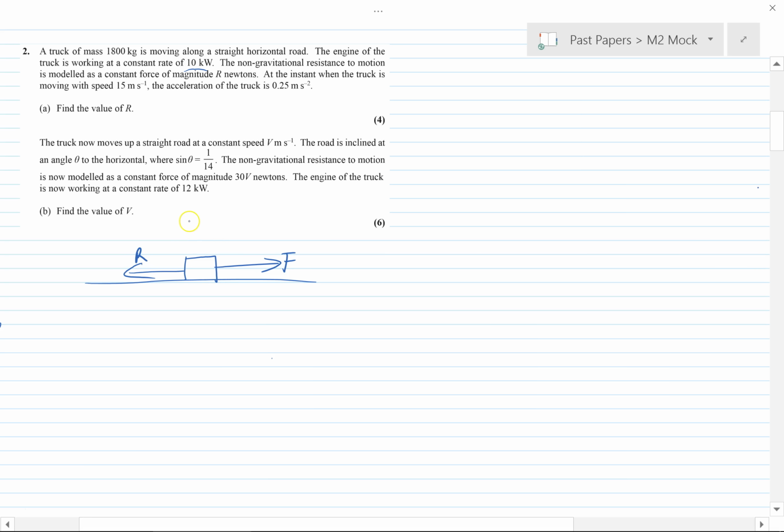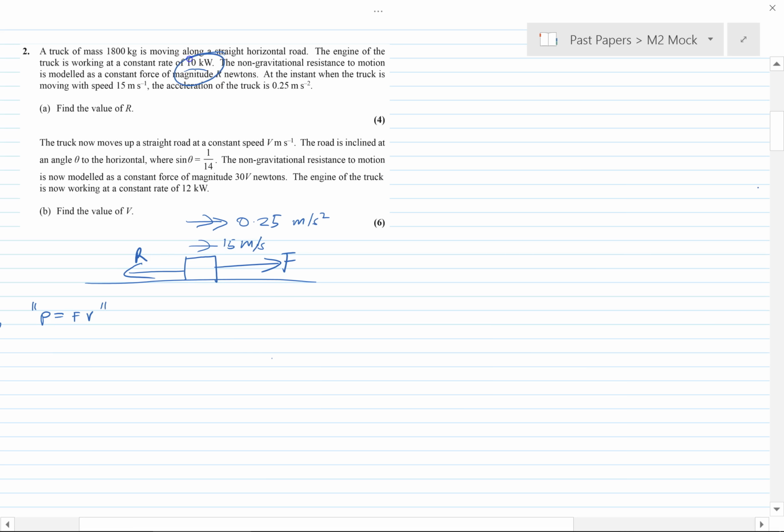Now the forces aren't balanced here because there's an acceleration of 0.25, and at this particular instant the speed is 15 meters per second. So we've got a couple of formulas. P equals FV, power equals force times velocity.